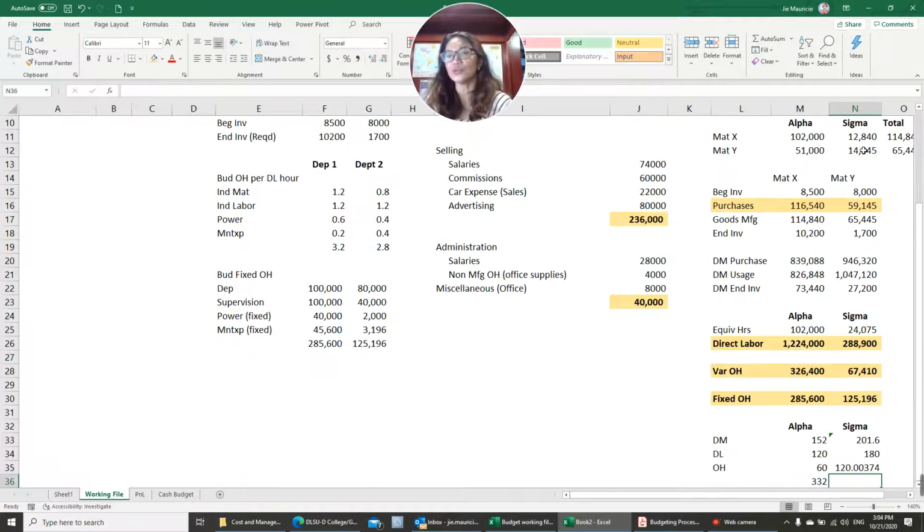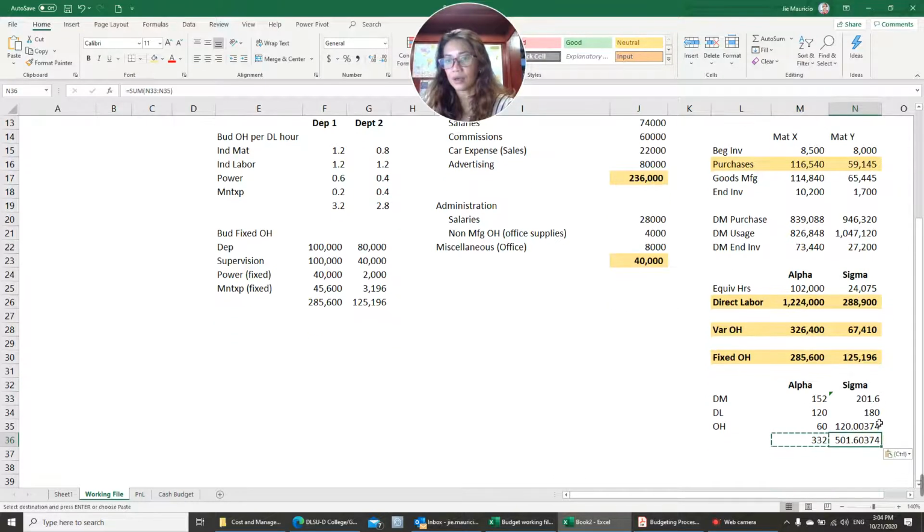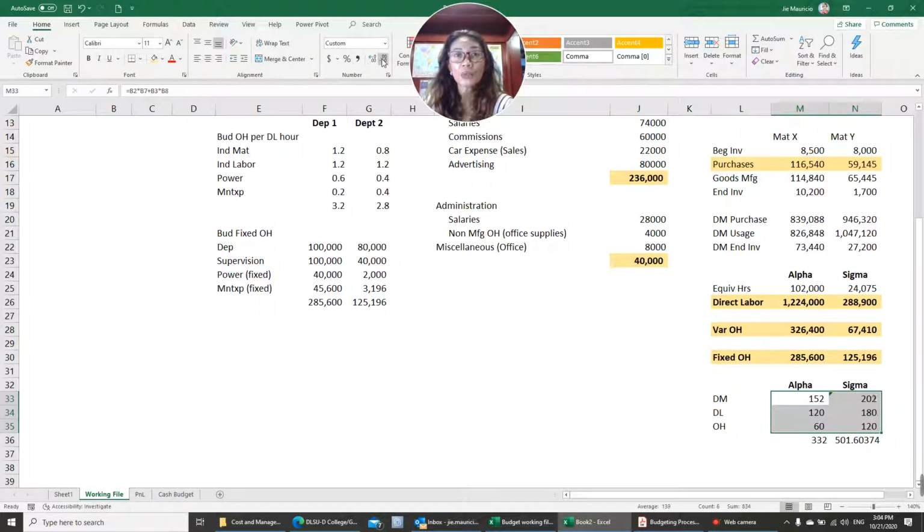We're trying to compute the value of the ending inventory, and for us to be able to do that, we should be able to compute the cost per unit for the items that have been produced. In here, we will be using absorption costing.